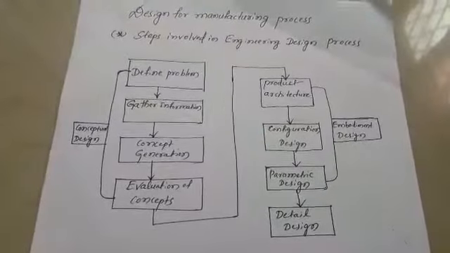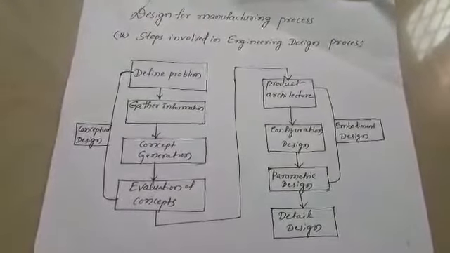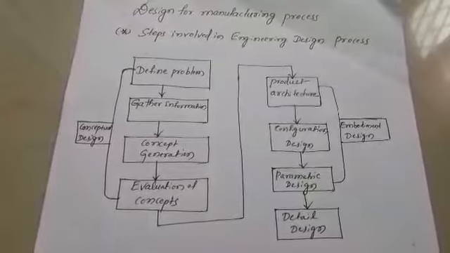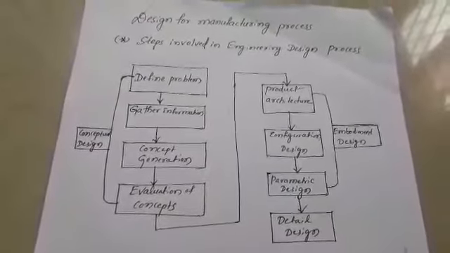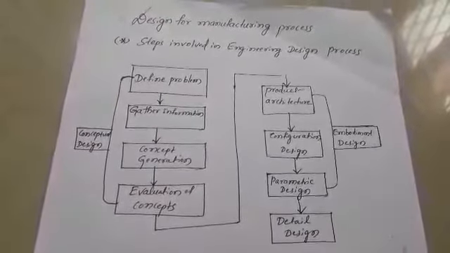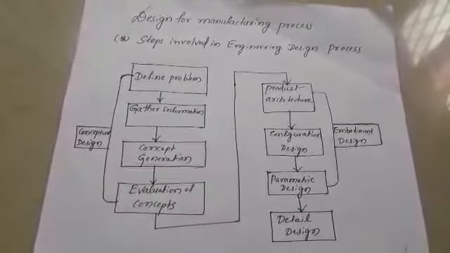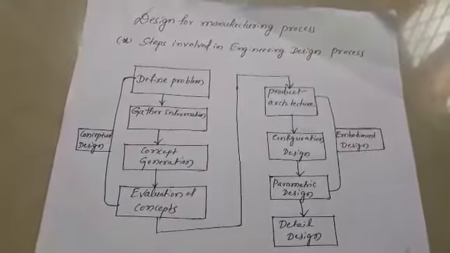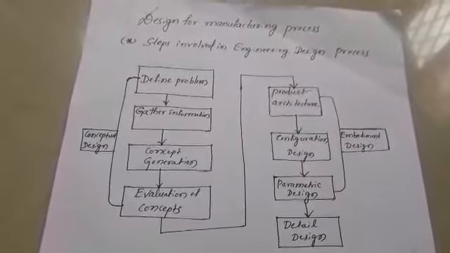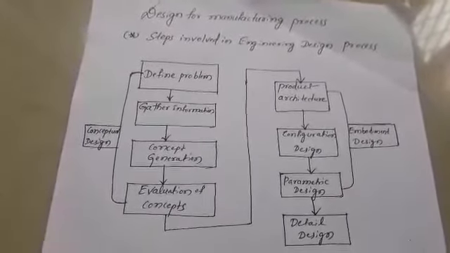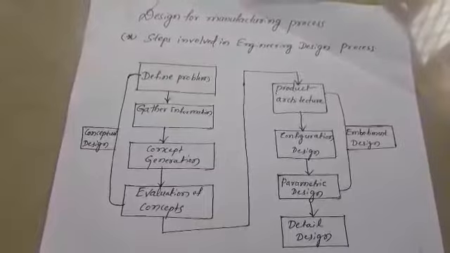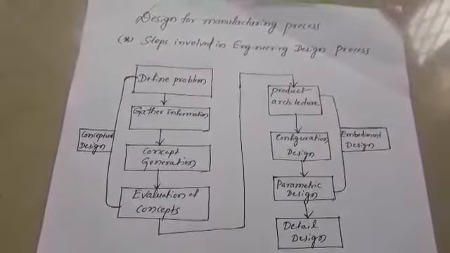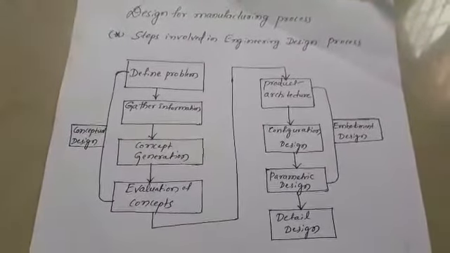In the conceptual design process, we initiate the design. We start with the design and come up with a number of design concepts, and then narrow down to the single best concept.